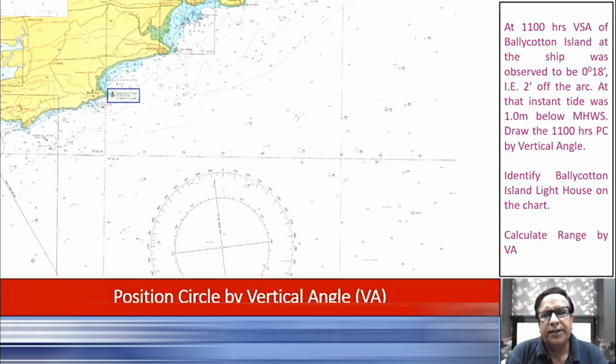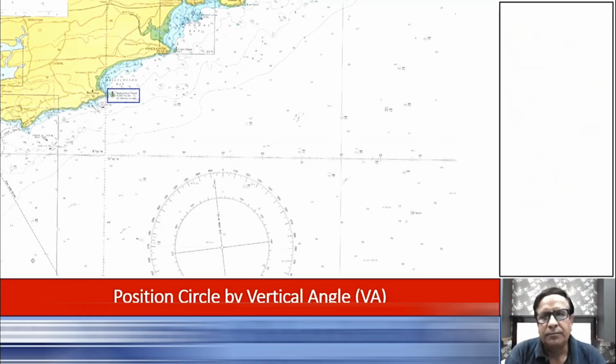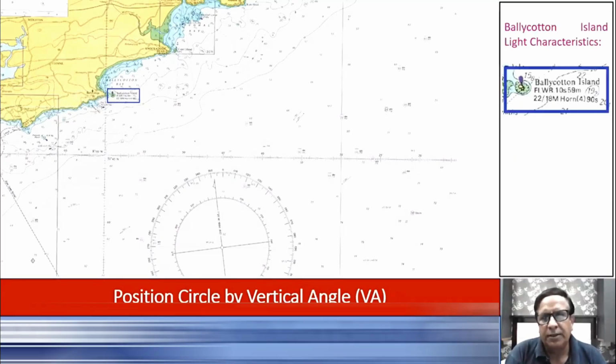Now we calculate the range using the formula that we have learned earlier. For that, we need the height of the object and we need the vertical angle. So we first, from the chart, read the characteristics of Ballycotton Island light.